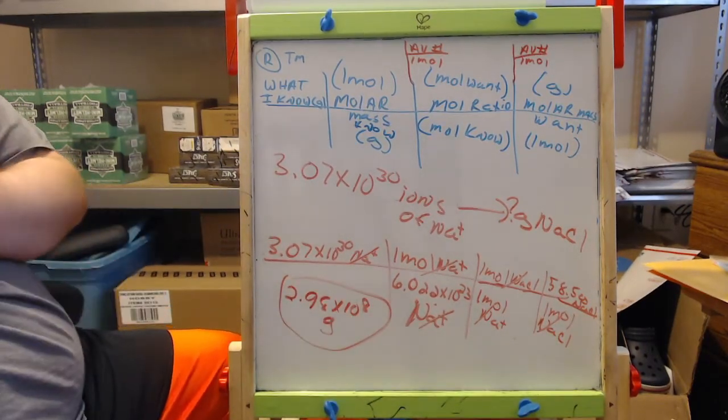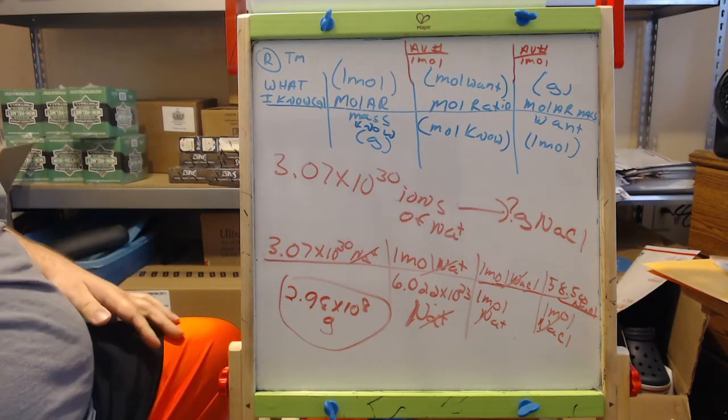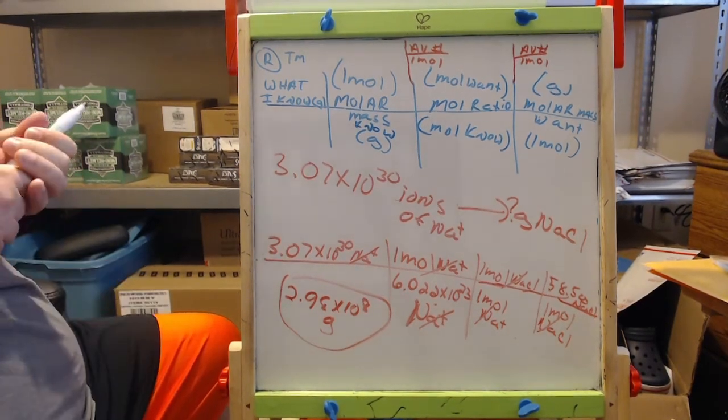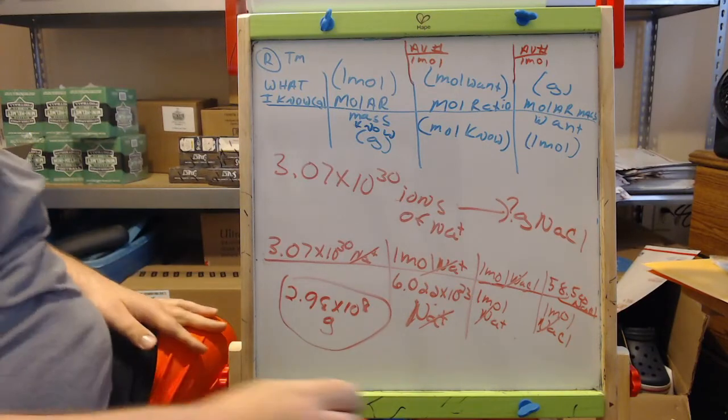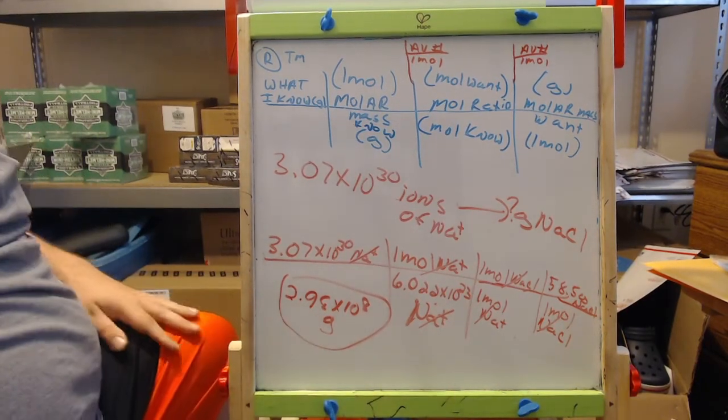So you can work both ways on the map to find whatever it is you're missing. Okay? Questions on this?